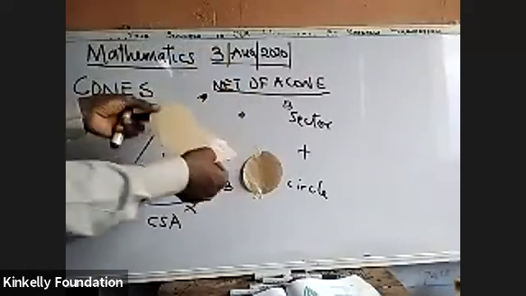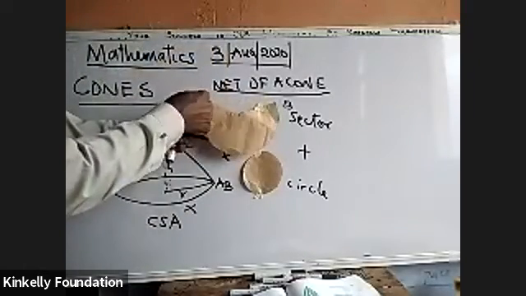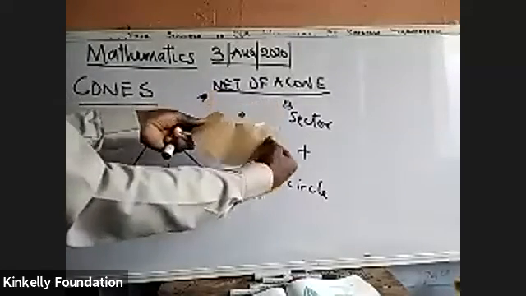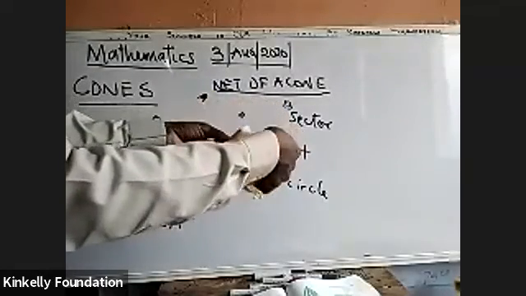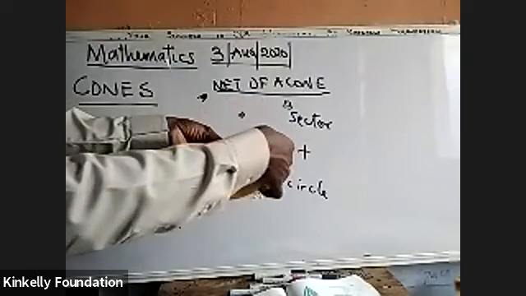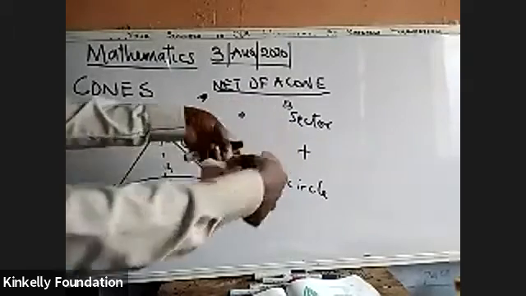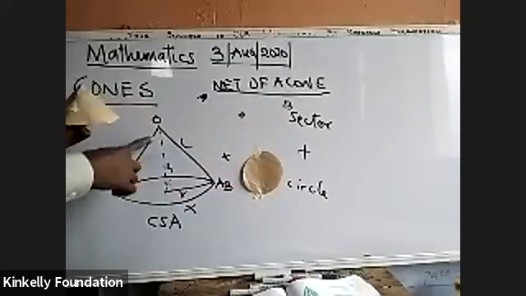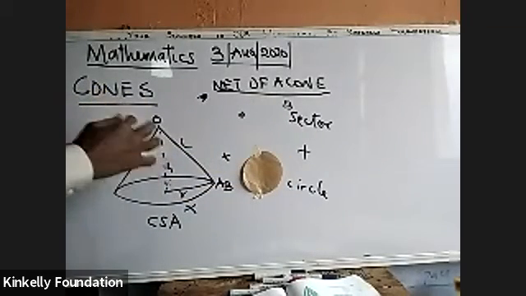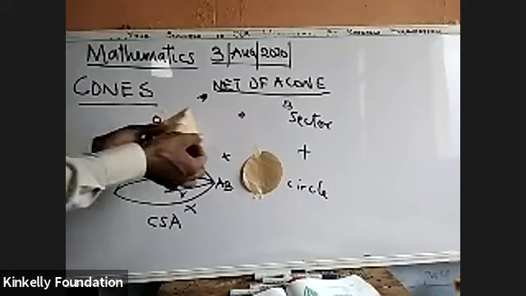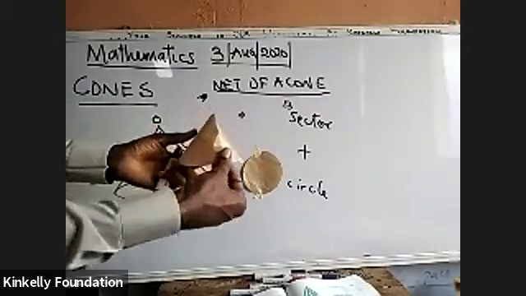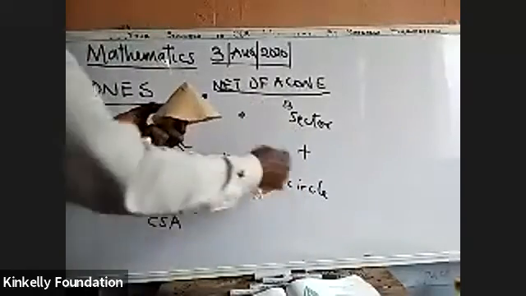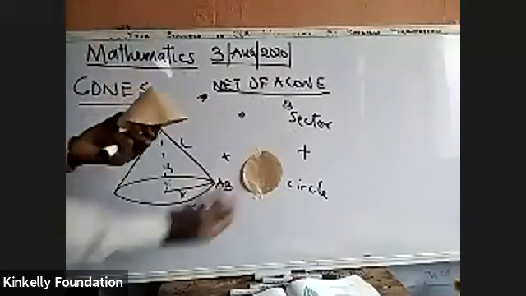When you try to fold O, A, O, B, X like this, notice that this O will remain, which is this point. A and B will join together, while X will form the circular base where we have this circle.